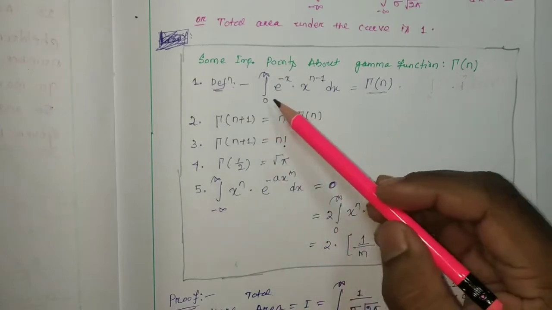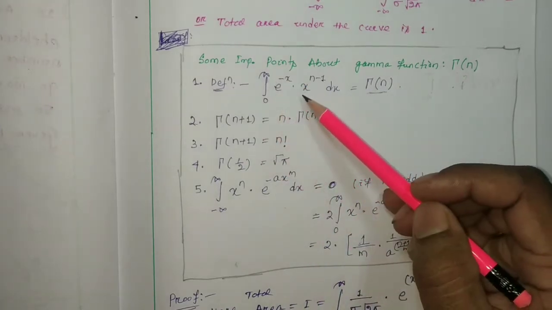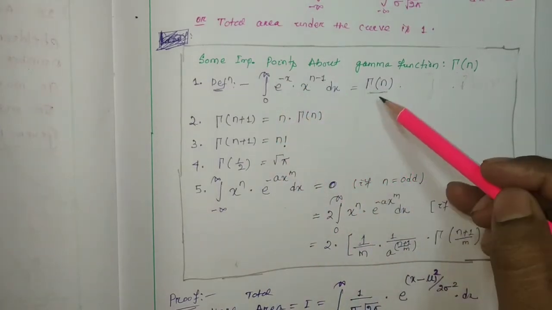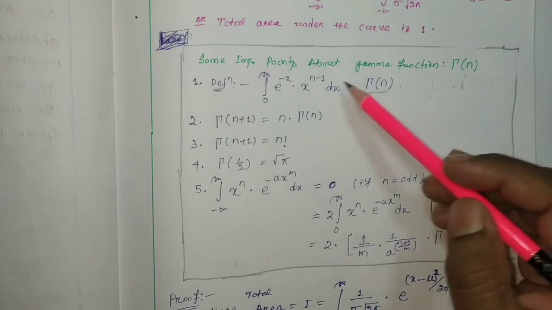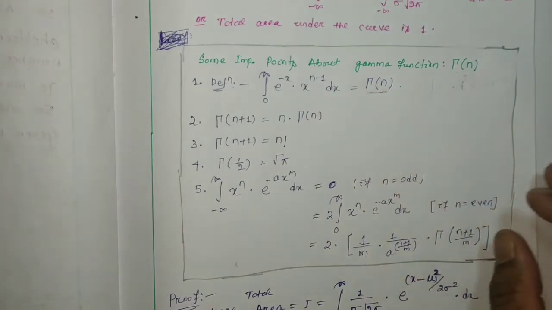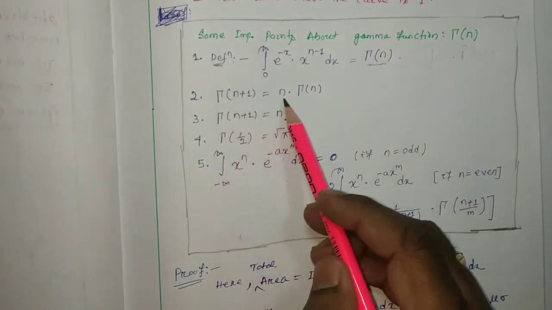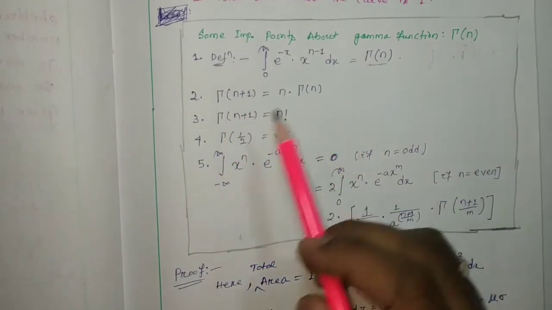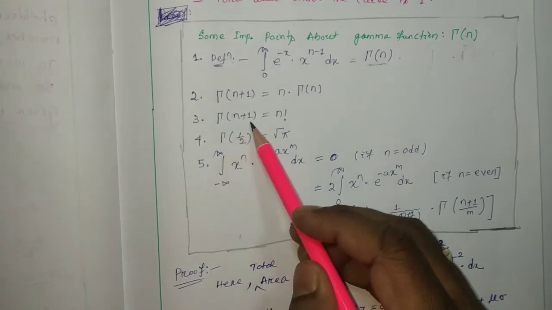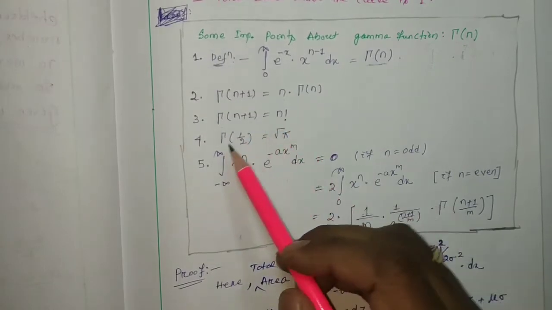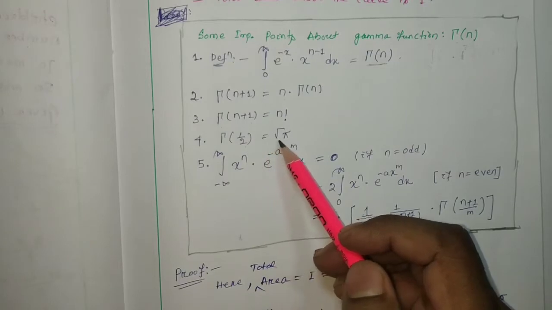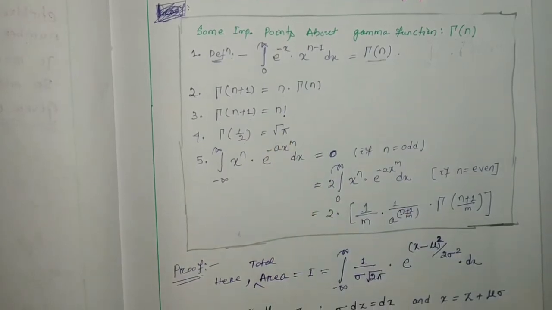The integral from 0 to infinity of e to the minus x into x to the n minus 1 dx is gamma n. Here x and n are dummy symbols, you can change them accordingly. And gamma n plus 1 will be equal to n factorial. Gamma half will be equal to root pi.